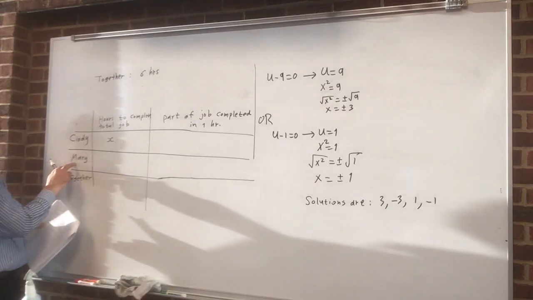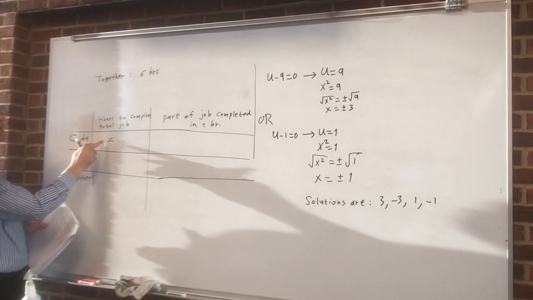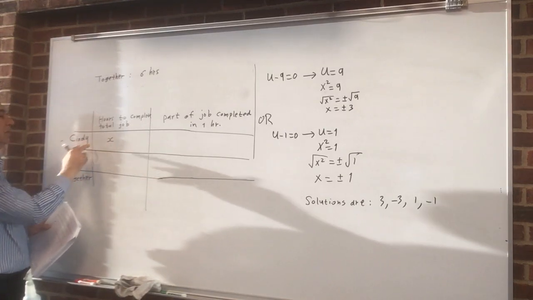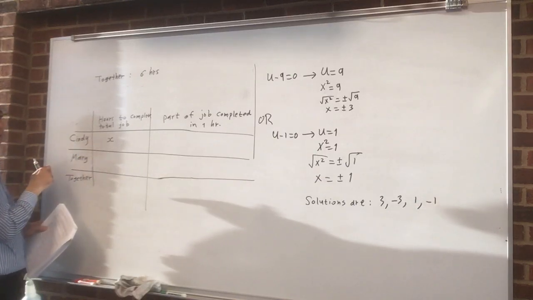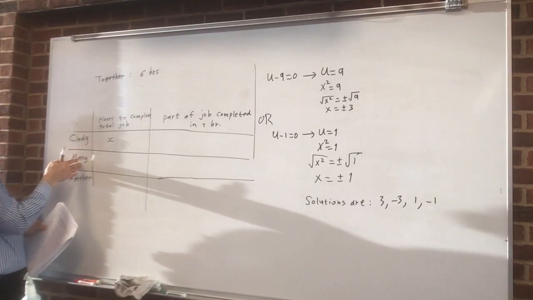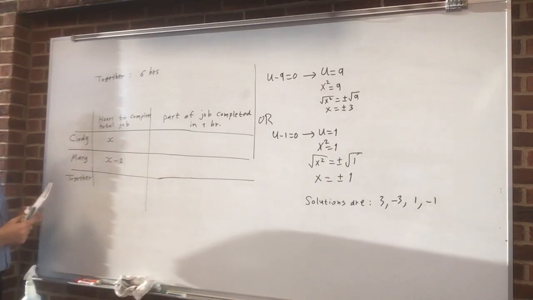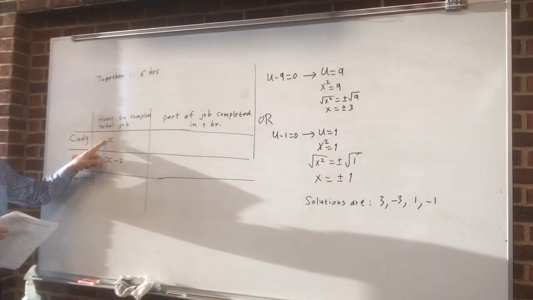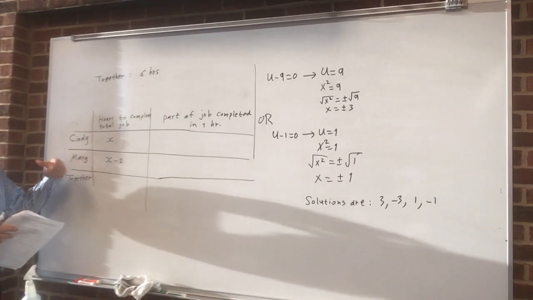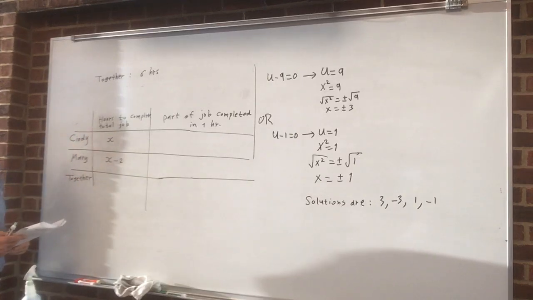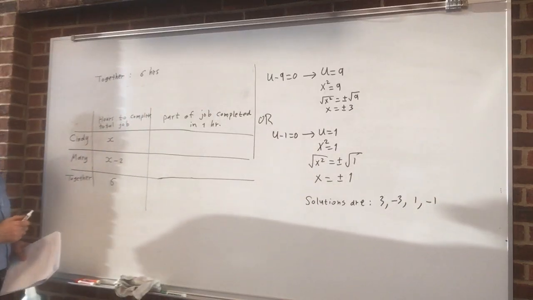For example, if Cindy needs 5 hours, since Mary is faster than Cindy by 2 hours, Mary completes the job in 3 hours. So x minus 2. If Cindy needs 5 hours, Mary needs 5 minus 2, because Mary is faster than Cindy by 2 hours. Together, they need 6 hours to complete the same job.